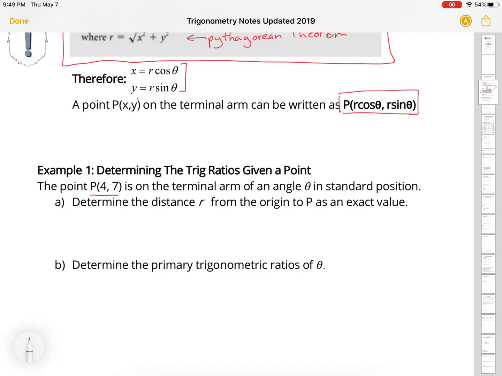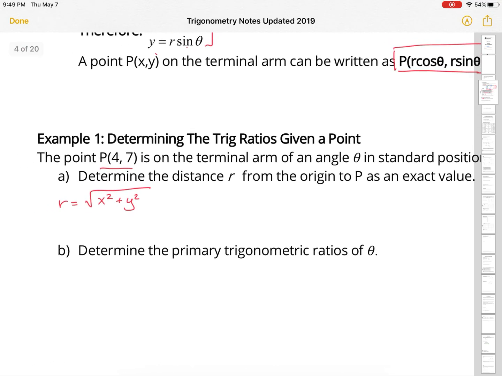The point P(4, 7) is on the terminal arm of an angle in standard position. Determine the distance r from the origin to P as an exact value. Well, from that magic box we have r is equal to the square root of x squared plus y squared.